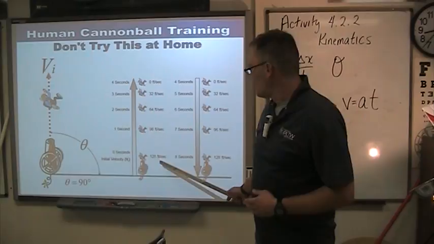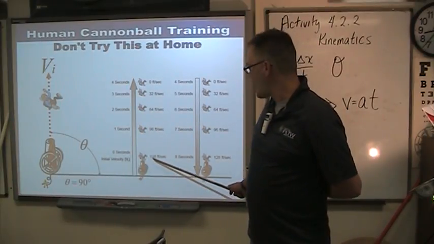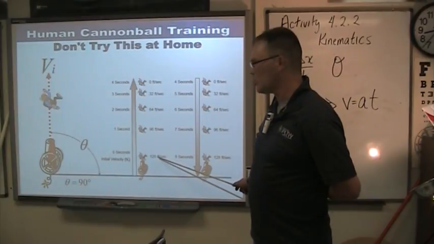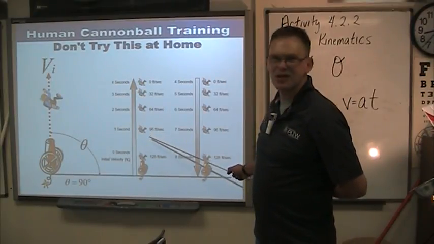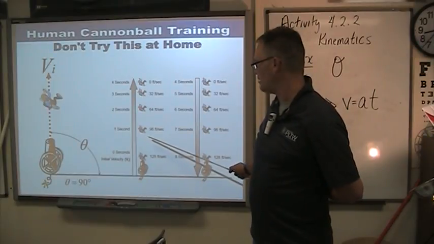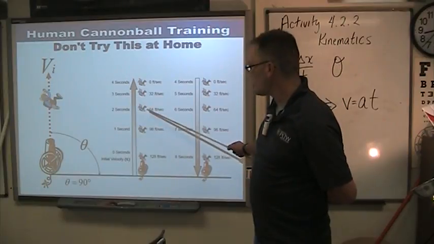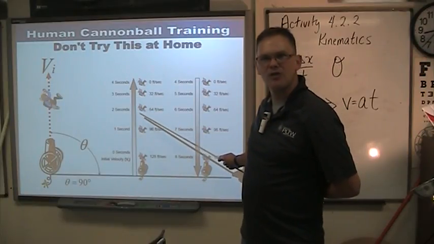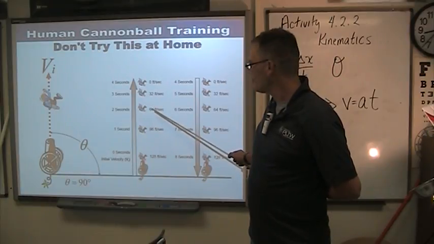Therefore, if our human cannonball is fired at 128 feet per second, after 1 second, it's going to slow down by 32 feet per second to become 96 feet per second. Another second passes, it slows down another 32 feet per second. They're at 64 feet per second.